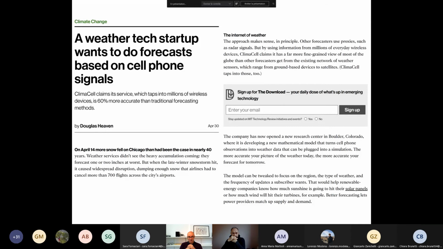And this is very much changing the way we see science, because weather forecasting is very difficult, and if we can do that just by looking at cell phone signals, then what about architecture?